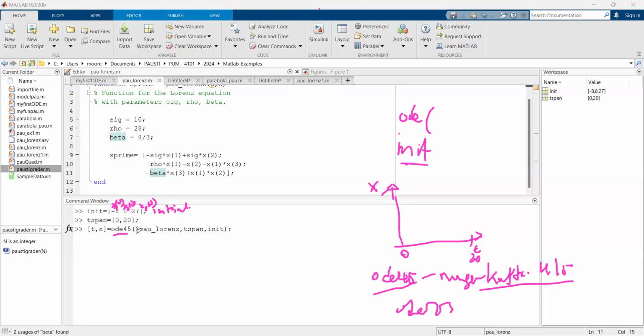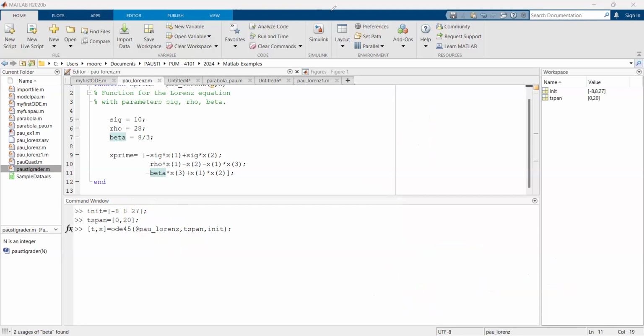And now you see we have at power Lorentz, which is the function that we wrote here. And then it takes the time span and then the initial condition, right? That is all that is needed.